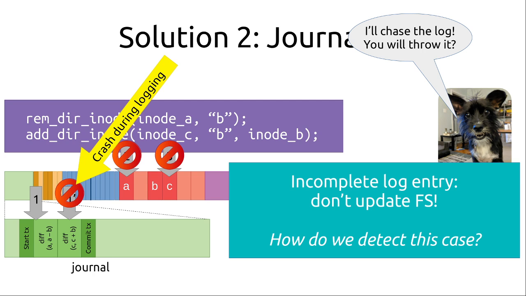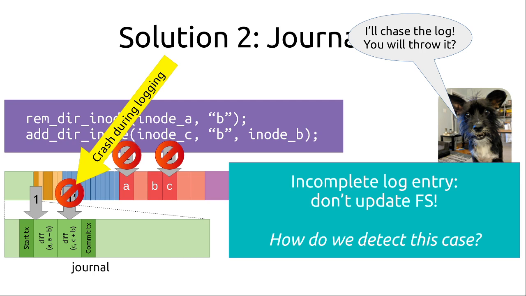So we simply write out to the log after we have added the two differences in this case. We wait for those to be written out to the disk. Then we add another update to write that commit out to the log, right?